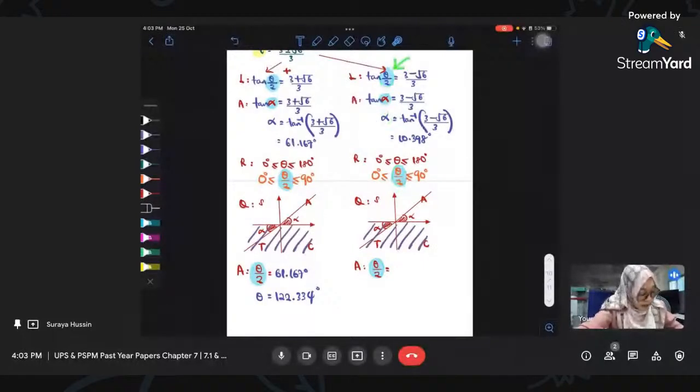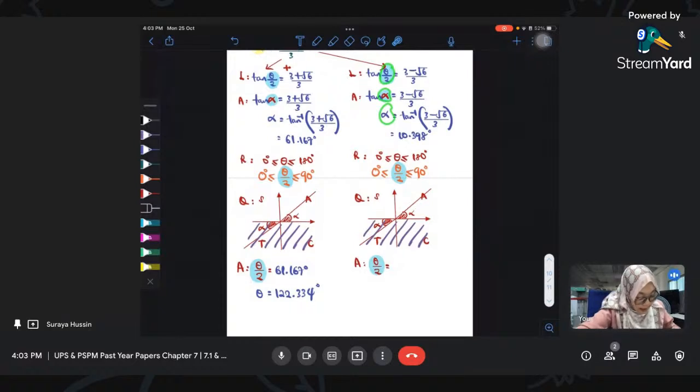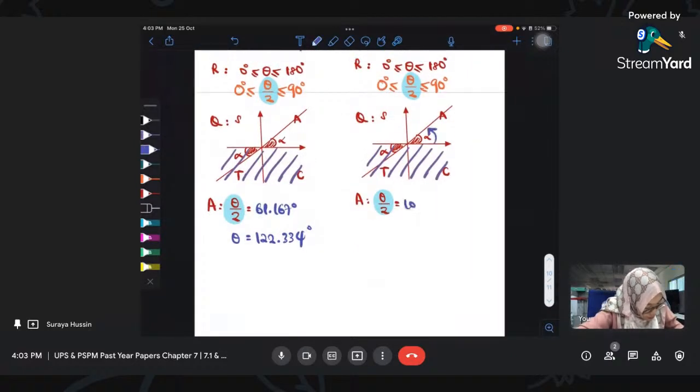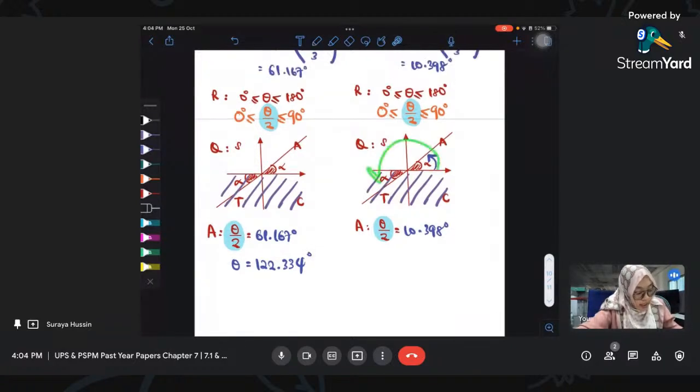Alert lah yang answer dekat sini bukan semestinya terus theta. It's according to whatever you let as your alpha. Okay, hati-hati. And so the first answer is 10.398. And another one, boleh ke nak teruskan? No need. Tak boleh teruskan sebab maksimum adalah 90 degrees sahaja.